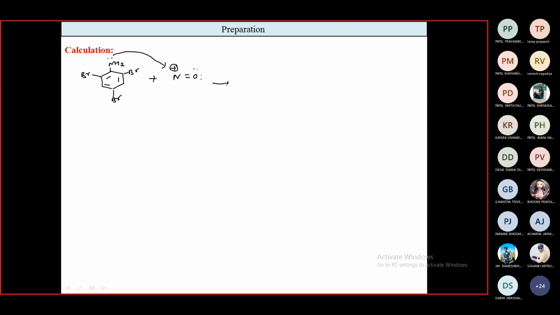So you are getting Br, here it is NH2, this is the intermediate.